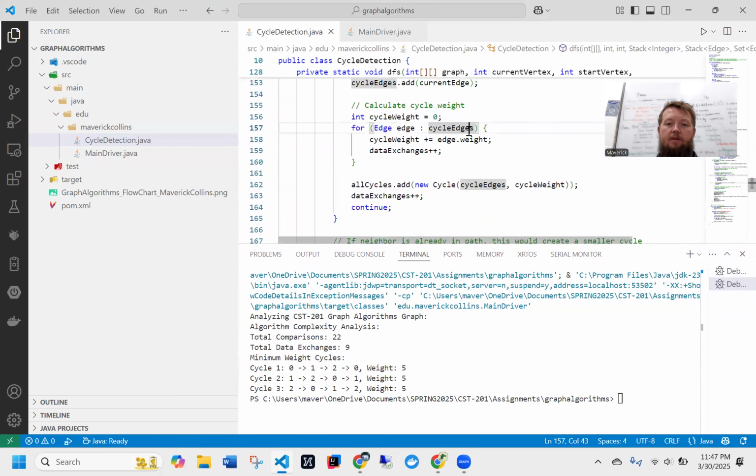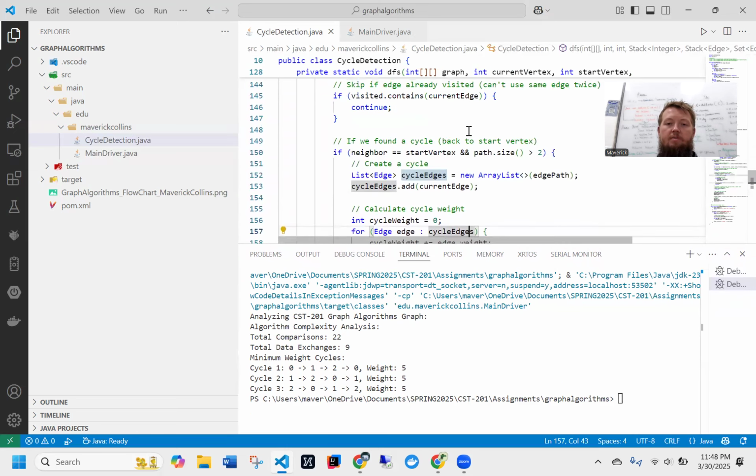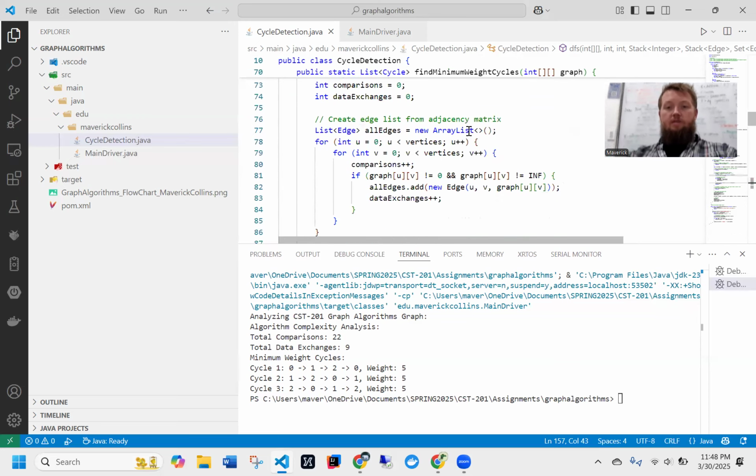I had some help, and I believe the time complexity is big O of vertices times the vertices plus the edges factorial. So it's very, very heavy on the resources of the machine.